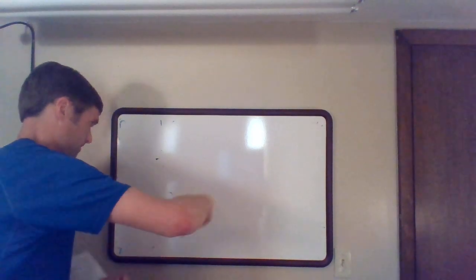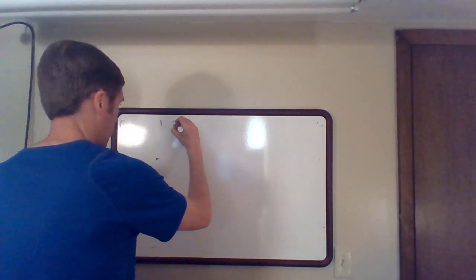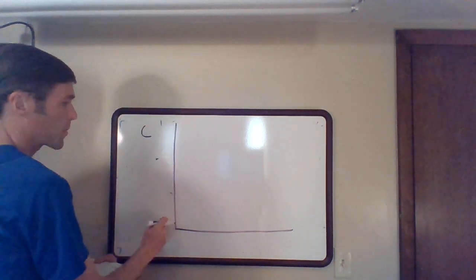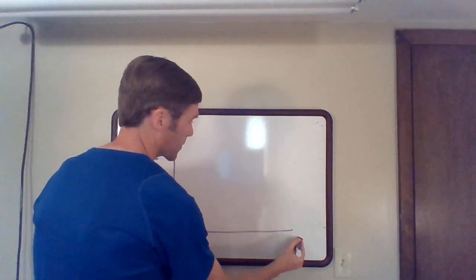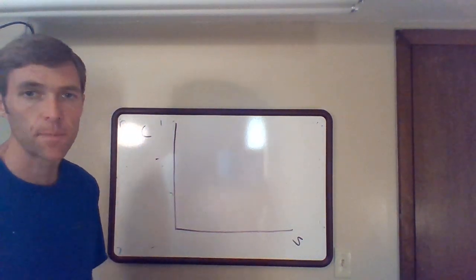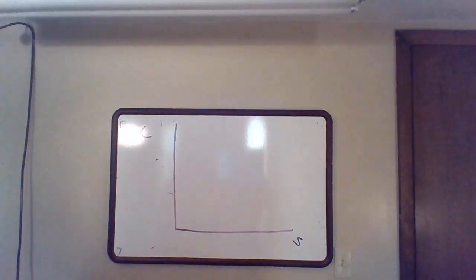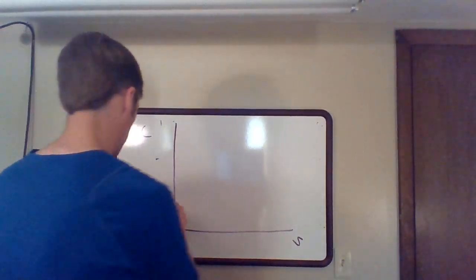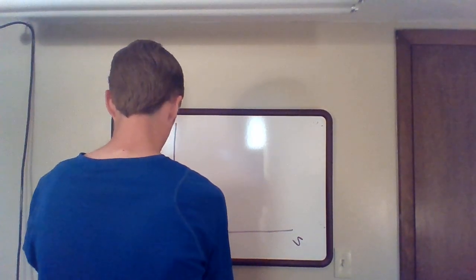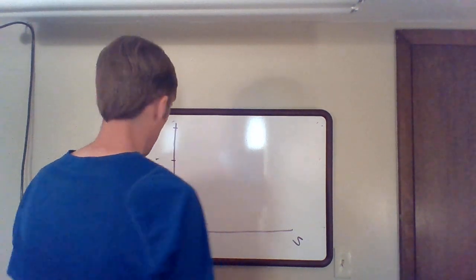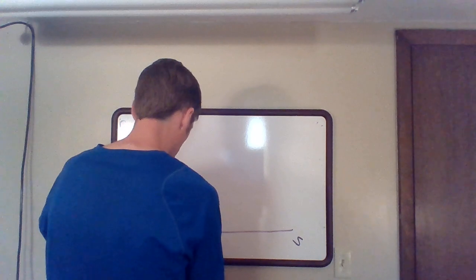So, if this represents acres of corn and this represents acres of soybeans, the first constraint that makes the most sense to model is our land constraint.